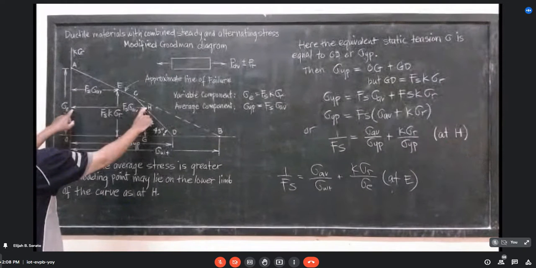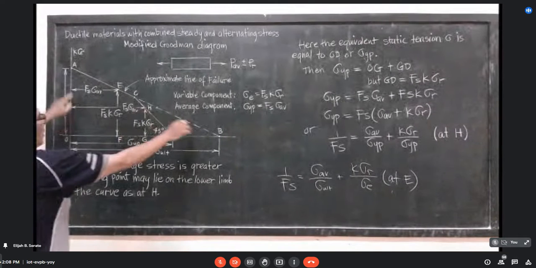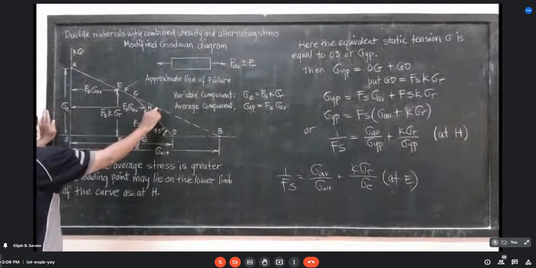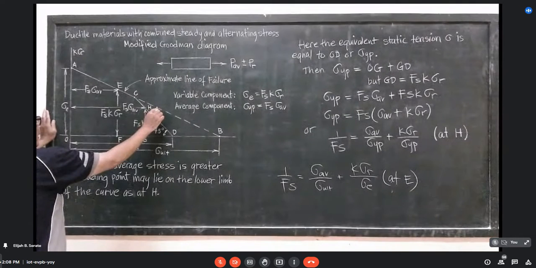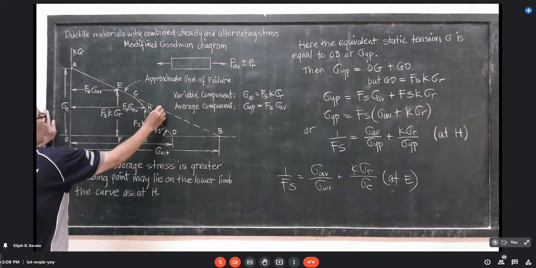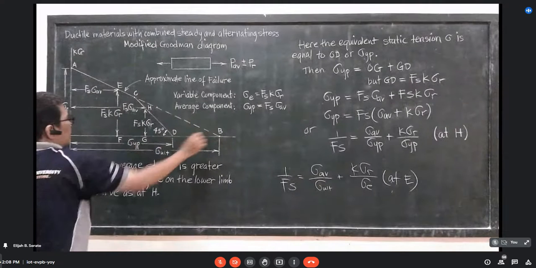However, when you are on this line, it goes straight here. From here to this line is your factor of safety average when you are on this line.